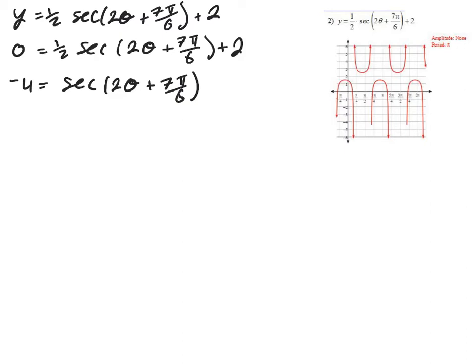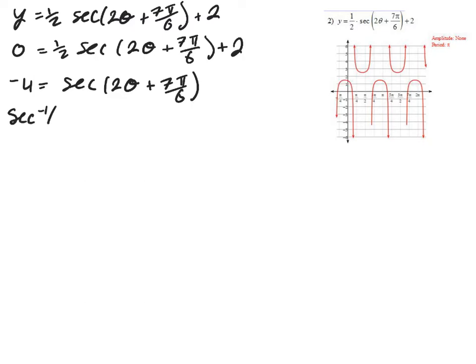Okay, so again, we want to get rid of this whole secant thing, evaluating our theta here. We don't want secant of some expression with theta. We want secant of an explicit value. So I'm going to use the inverse secant on both sides.